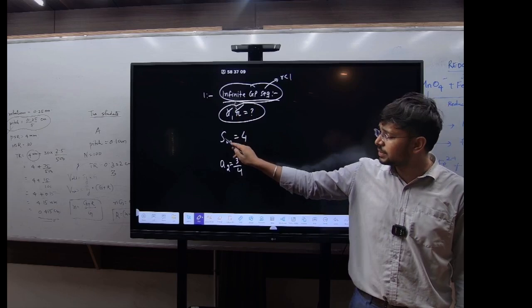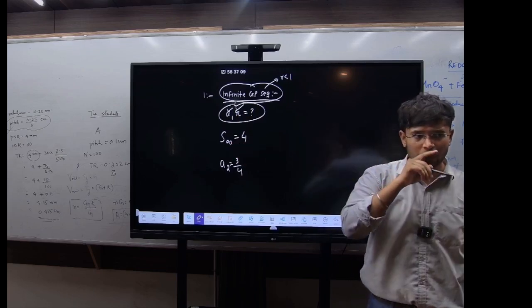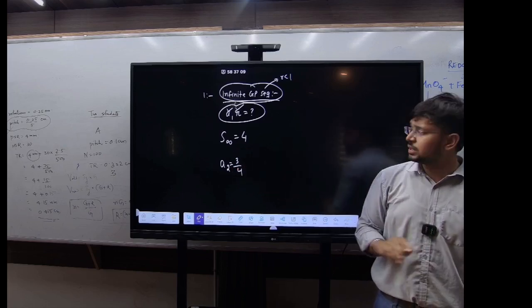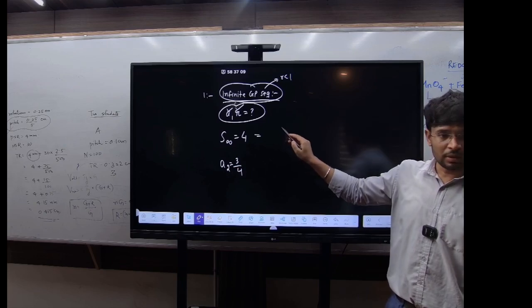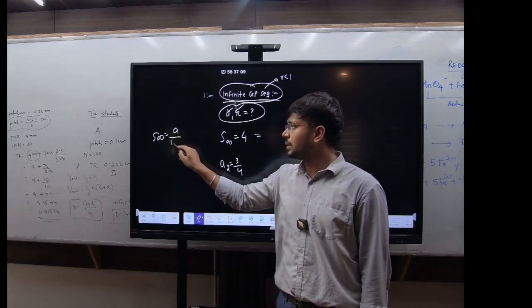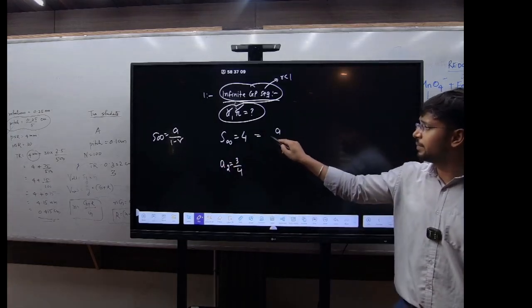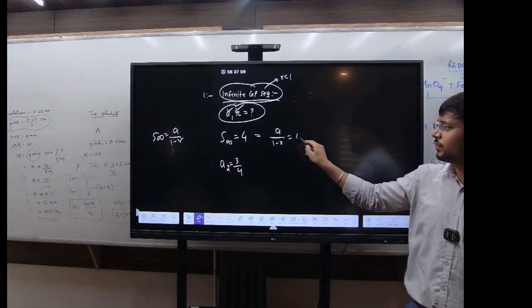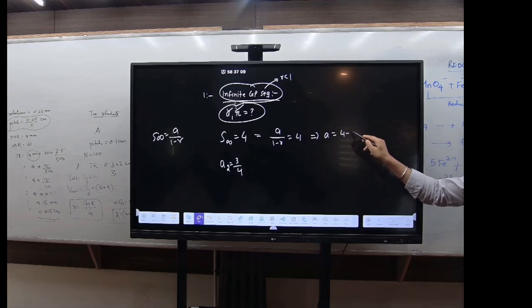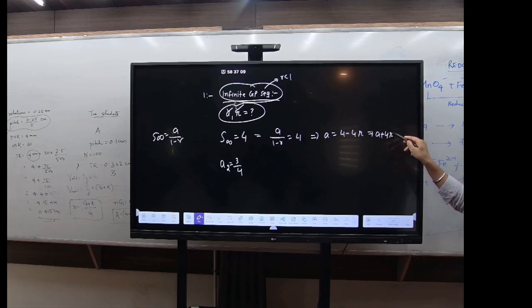The first information: the sum of infinite terms is given as 4. The sum of infinite terms formula is A divided by 1 minus R. So can you say A divided by 1 minus R is given as 4? Simplified, A will be equal to 4 minus 4R. So A plus 4R will be equal to 4.